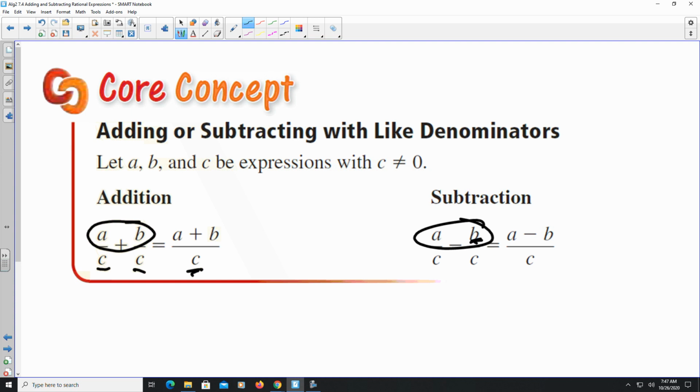So for example, if I had C minus C, and then on the top was 2x plus 3, and this was 5x plus 6, the like terms, this is actually going to be 2x minus 5x, which is going to be negative 3x, and then 3 minus 6, which is also negative 3.